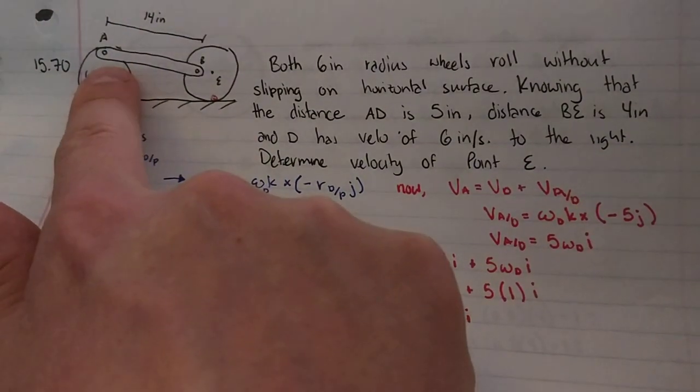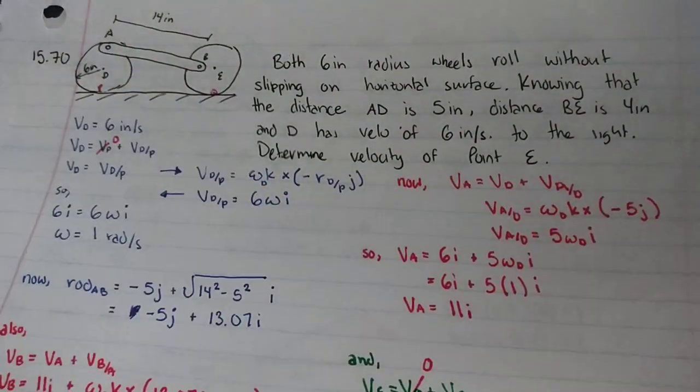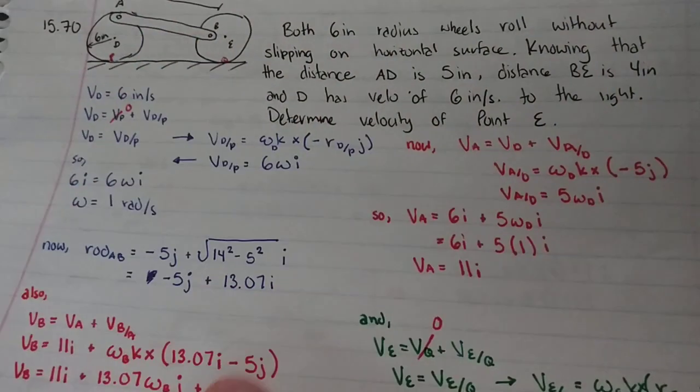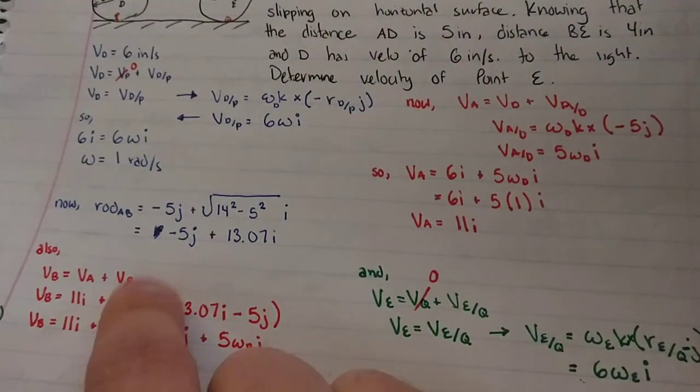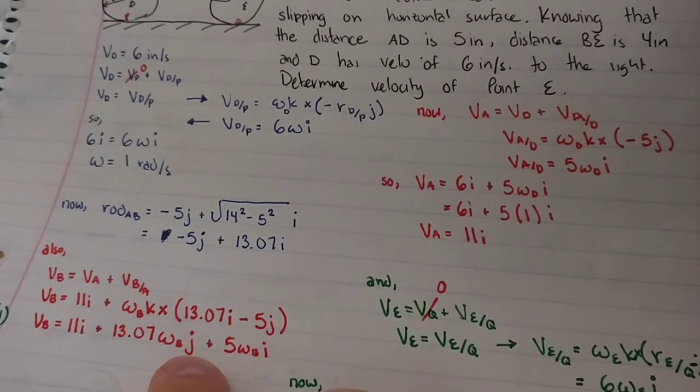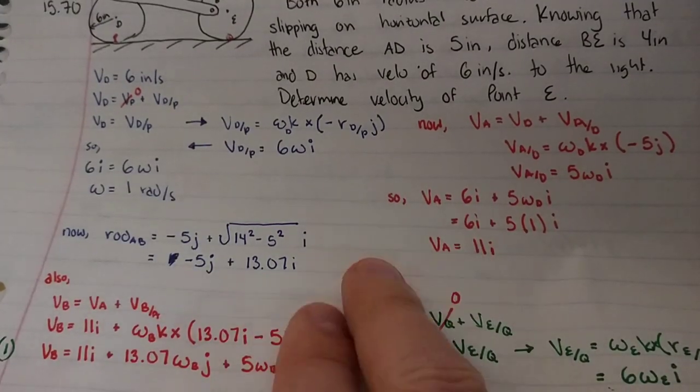That's this distance from here to here in the i direction. Cool. Because that's the hypotenuse. So, that is the y component of that, and that's the x component of that. So, now, we've already solved for our VA.